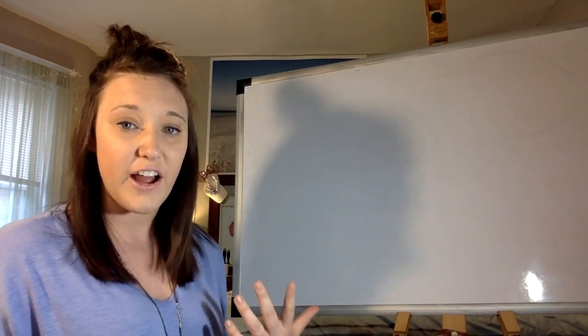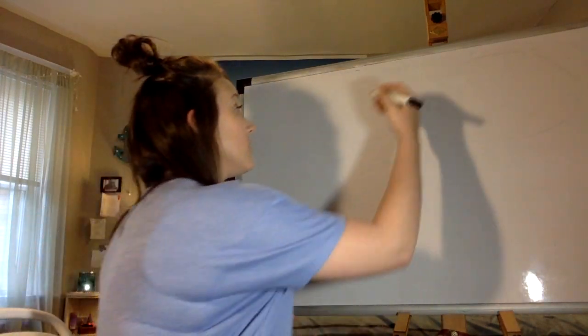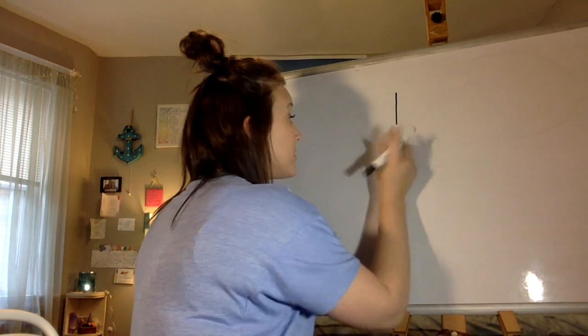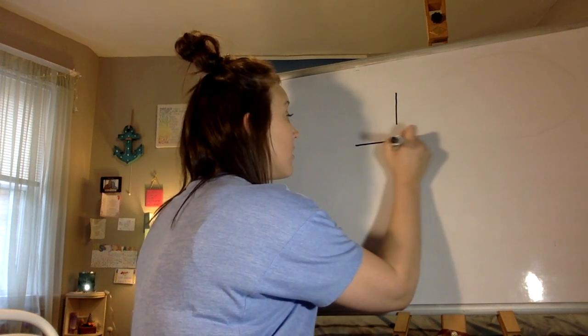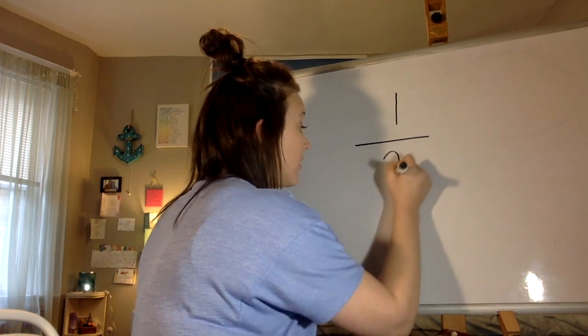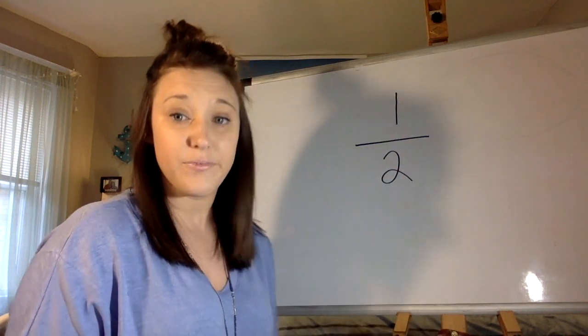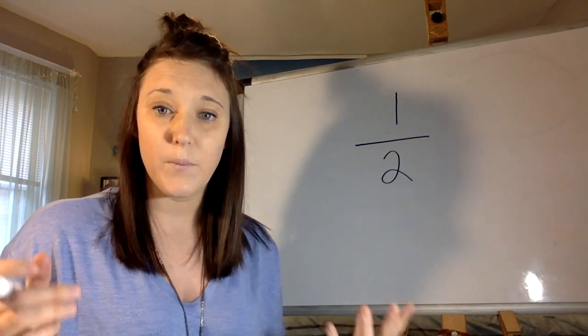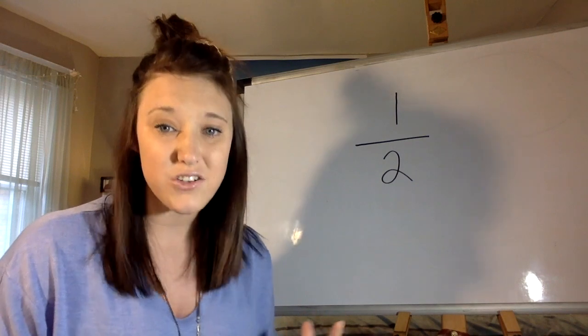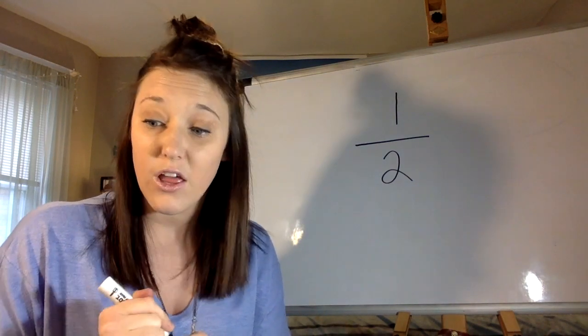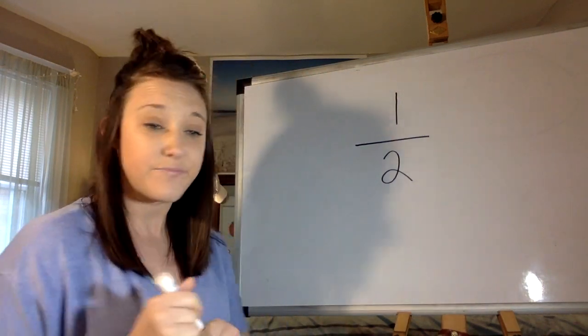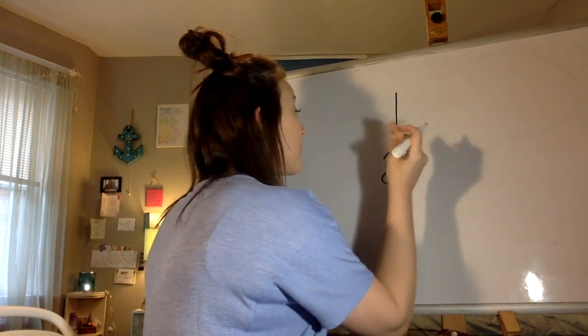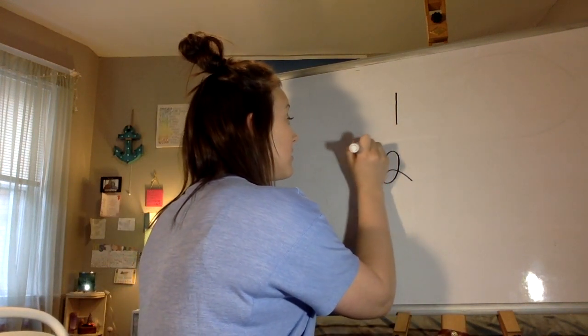So let's start with what a fraction in itself looks like, typically. We typically see a number, a horizontal line, and a second number. Each number means something different, and the horizontal line has its own meaning. The horizontal line, I'm actually going to do it in purple so you can see it.